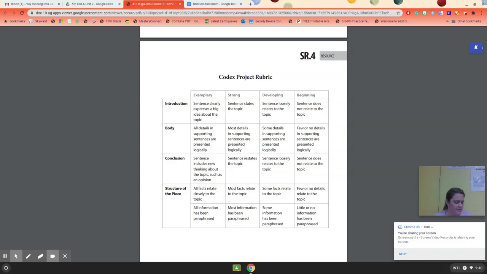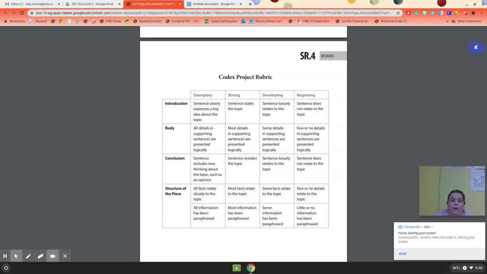Farming methods. Went blank. And you had to paraphrase. That means you're not taking what's in the book and transferring it directly from the story. Remember last week we paraphrased. We kind of took a sentence and we put it into our own words. We took the main idea of the sentence, but we put it in our own words.